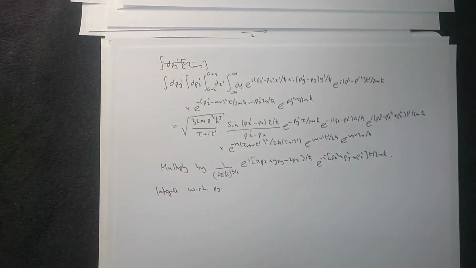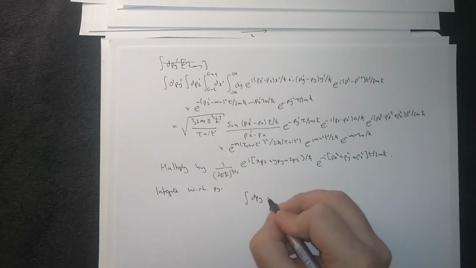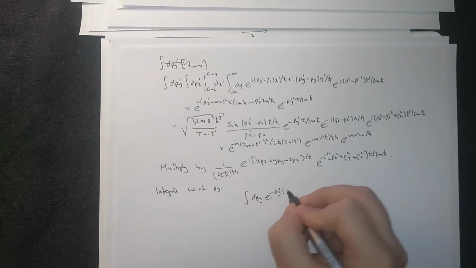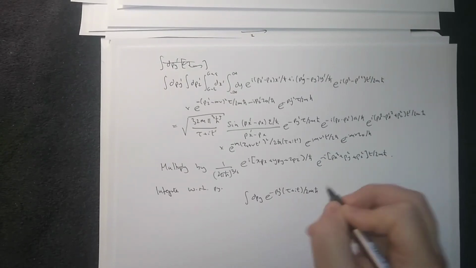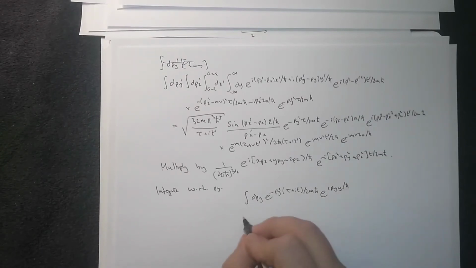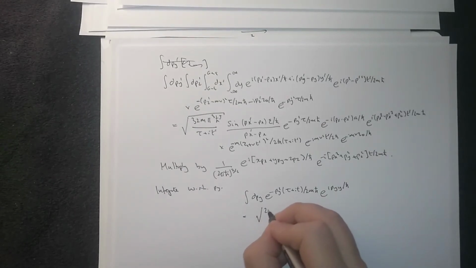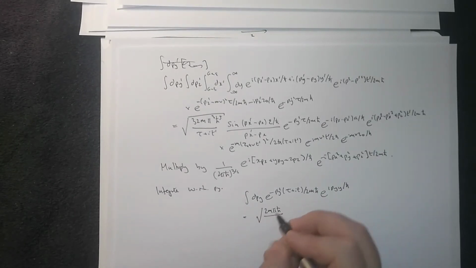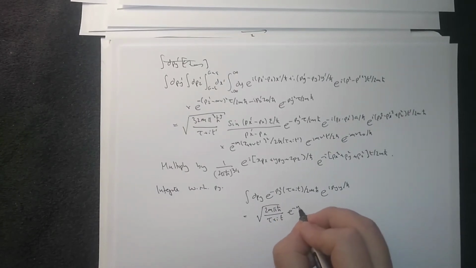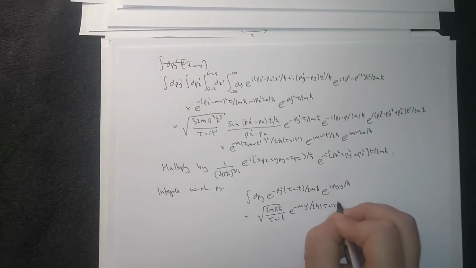And we're going to use the result that the integral dp_y of e to the minus p_y squared (tau plus it) over 2m h bar, e to the i p_y y over h bar. Just complete the square, or use that result I wrote down earlier. Tau plus it, e to the minus m y squared over 2 h bar (tau plus it).